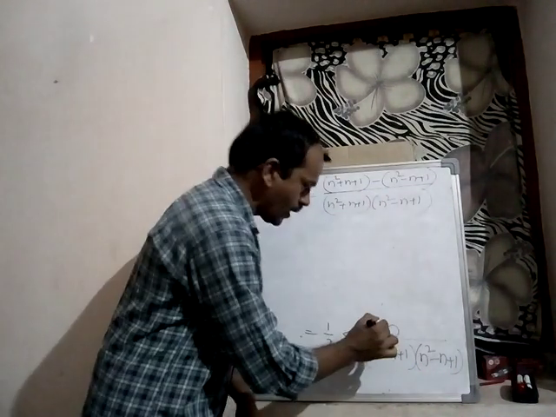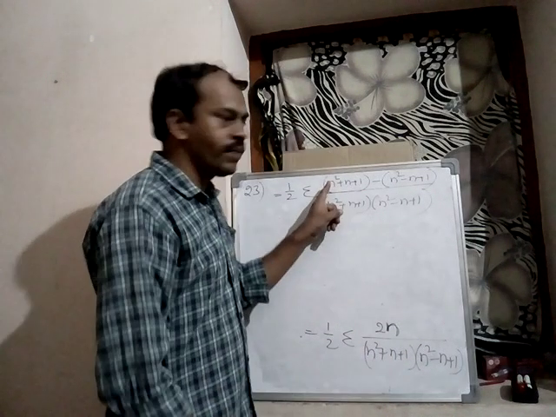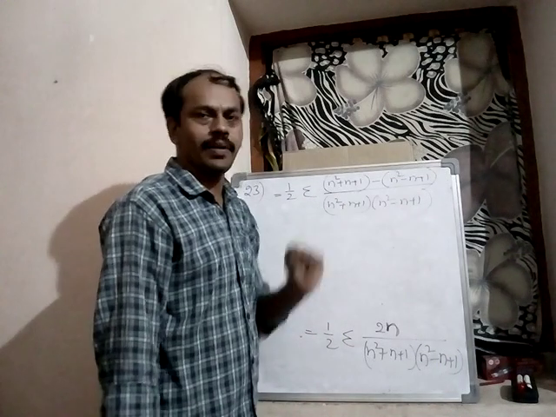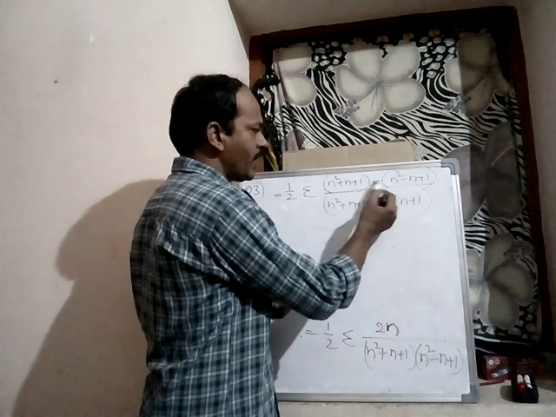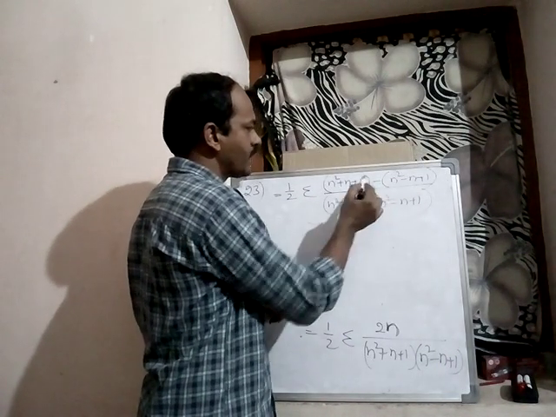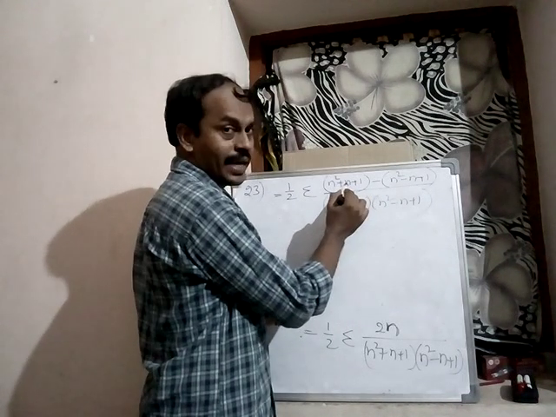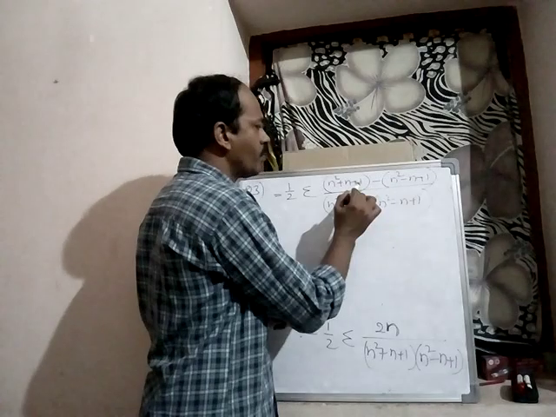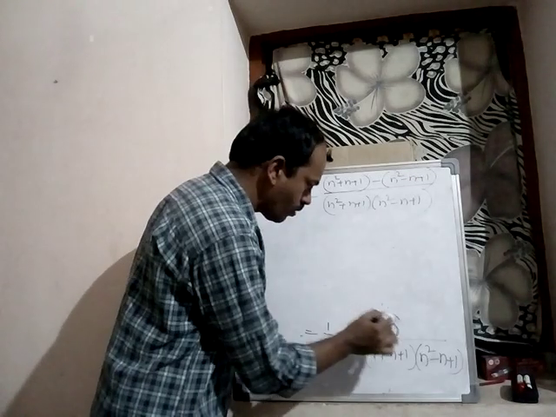Here 2n can be expressed in the form of n square plus n plus 1, this one, minus this one. If you multiply with minus, minus n square cancels. Minus into minus gives plus n, n plus n is 2n. Here plus 1 minus 1 cancels. So we get only 2n.